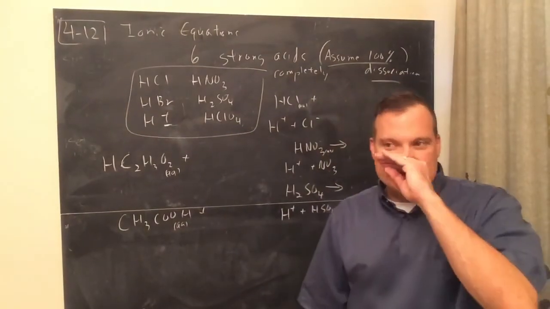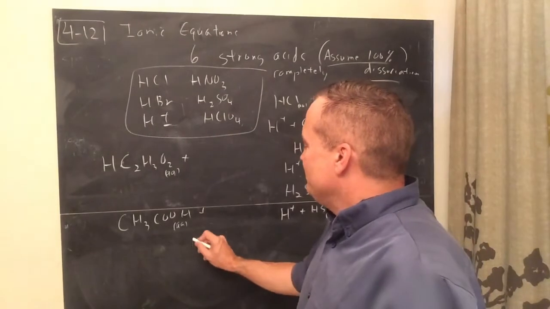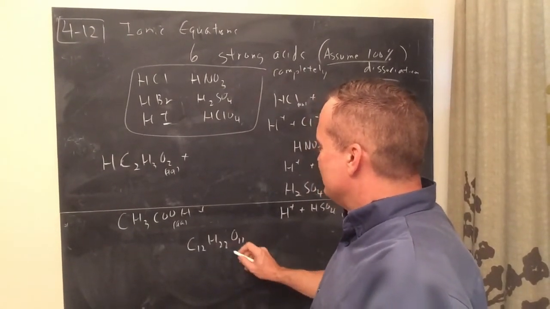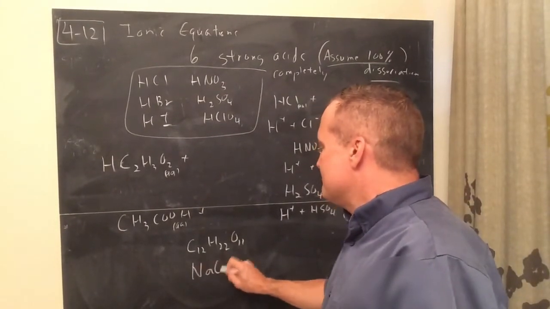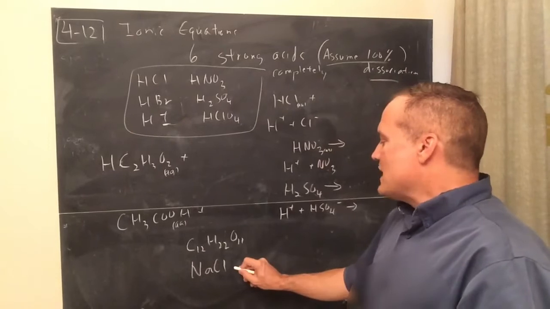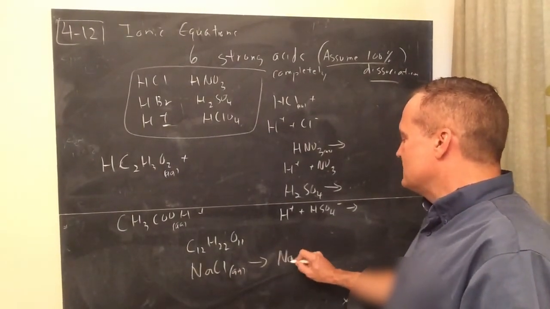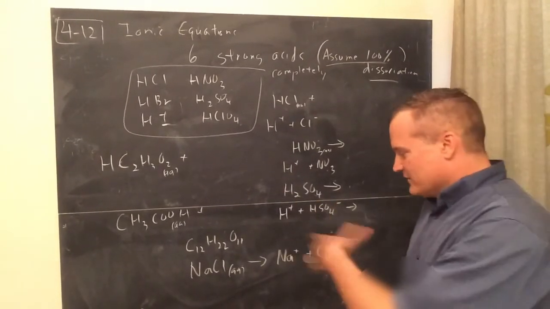Now, I can tell you another example. C12H22O11, you don't need to know that. This is table sugar. NaCl is table salt. When I put salt in water, it breaks up into Na plus and Cl minus all around through the liquid.